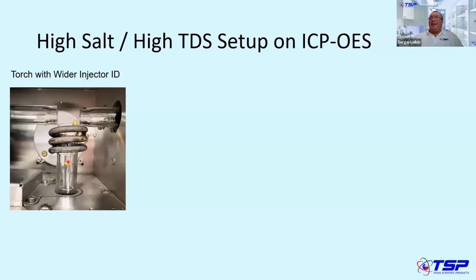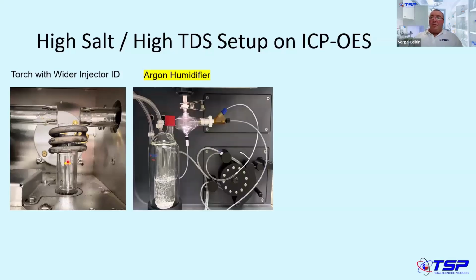That's number one. Number two, usually I put a humidifier somewhere after the nebulizer, spray chamber and things like that. But recently, within probably the last year, what we experienced by talking to our customers is that they may have the right nebulizer, right spray chamber, but the argon humidifier is missing.